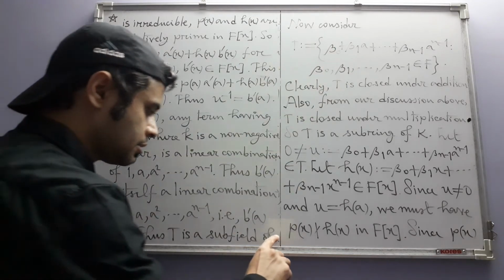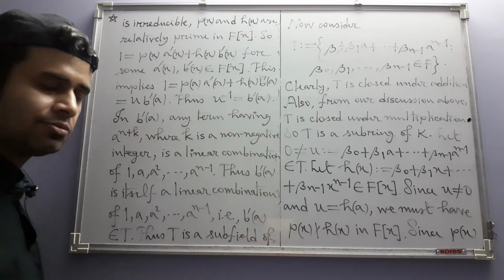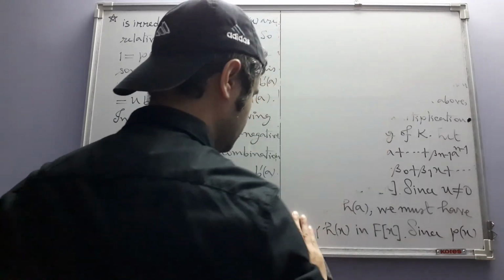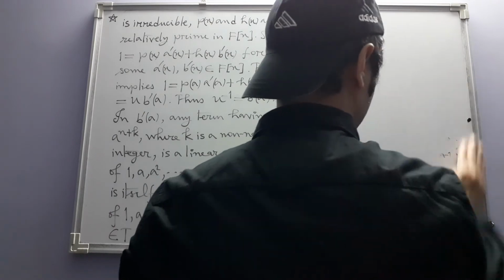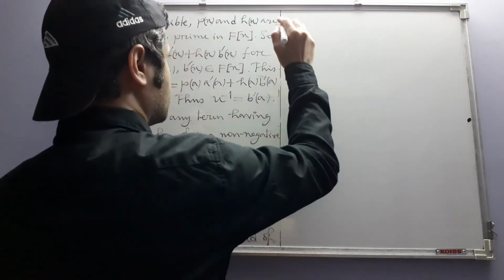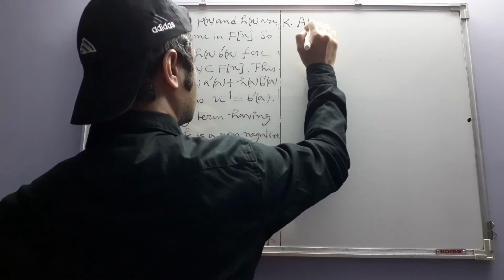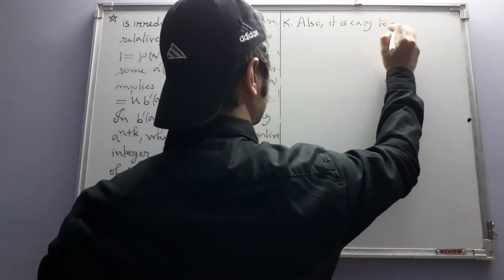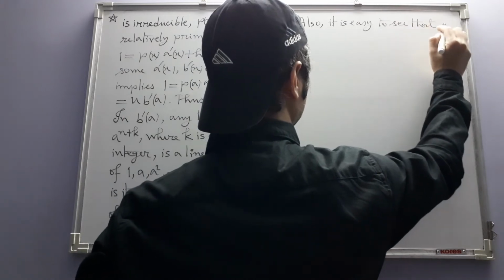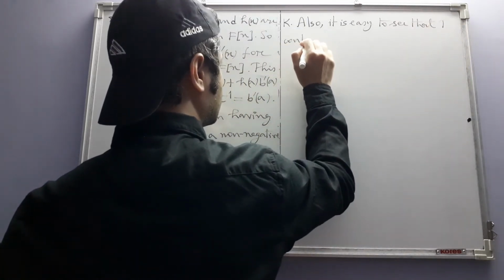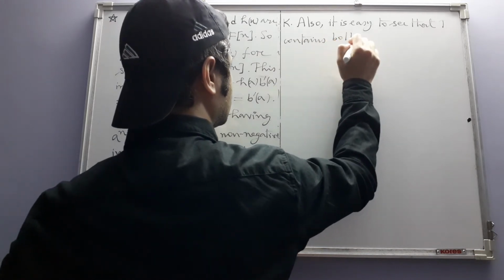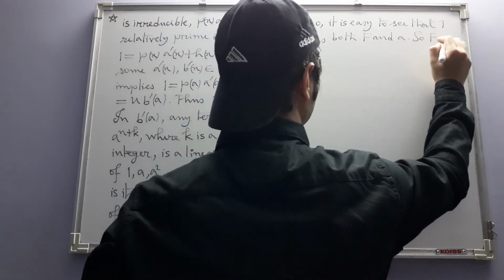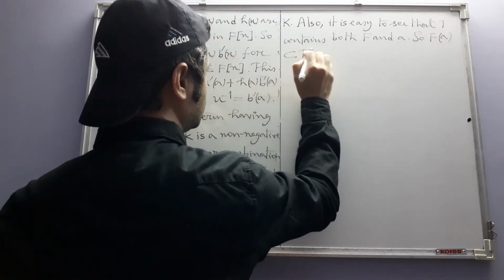So T is not just a subfield of K, it's a subfield of K that contains both F and A. So F(A) is contained in T.